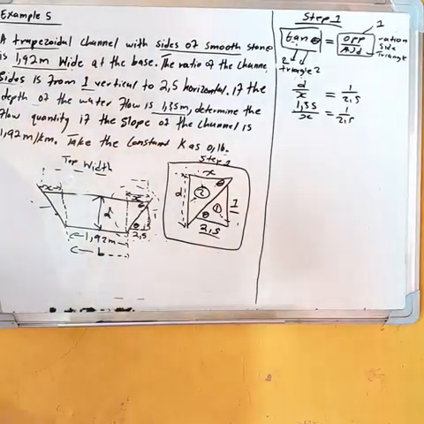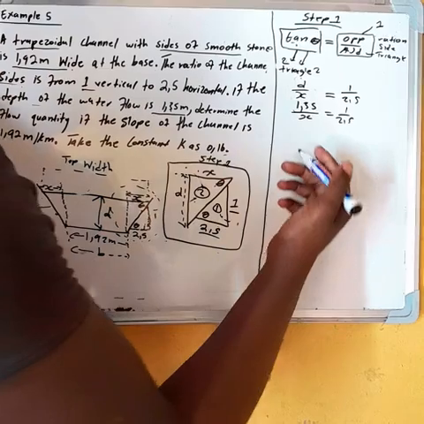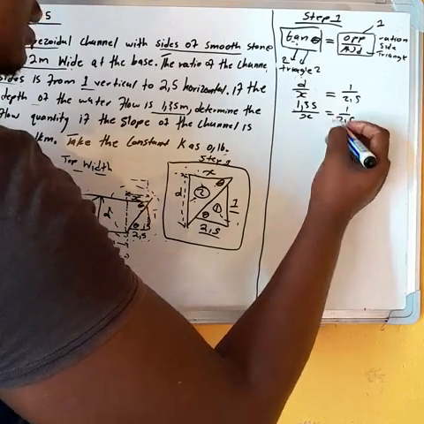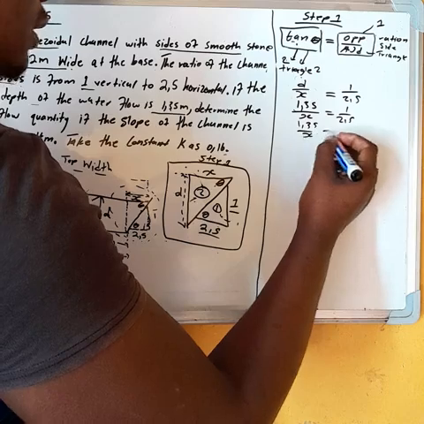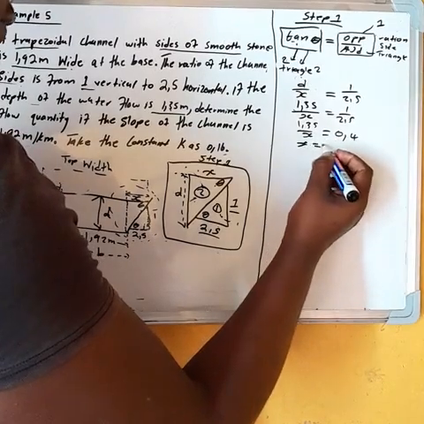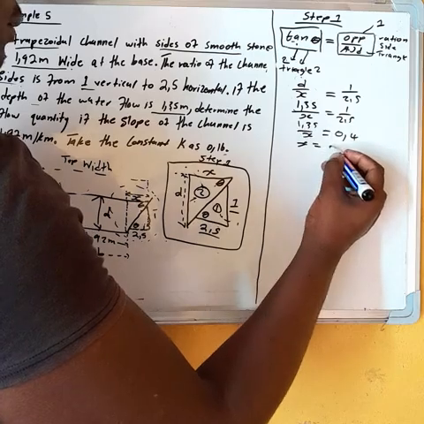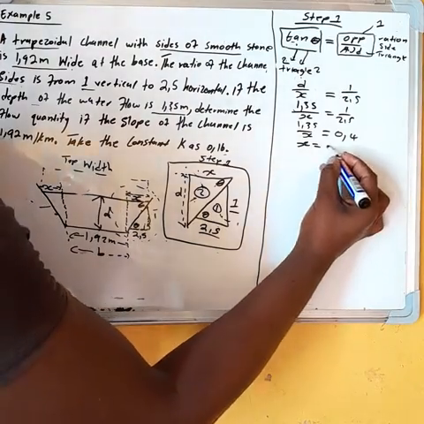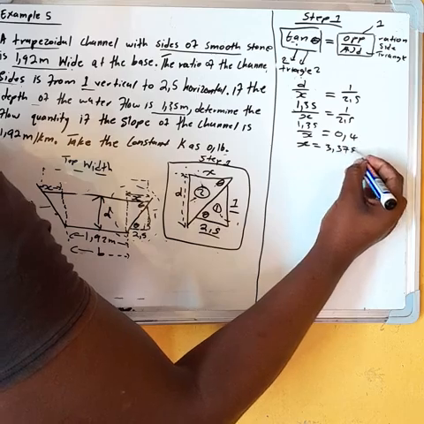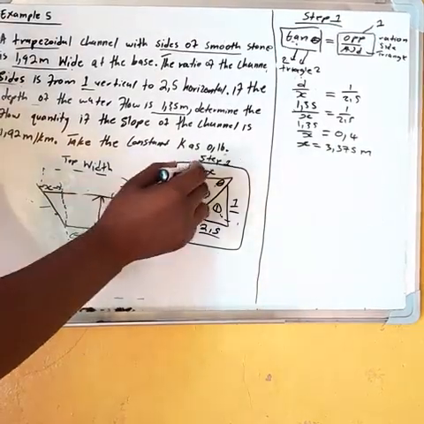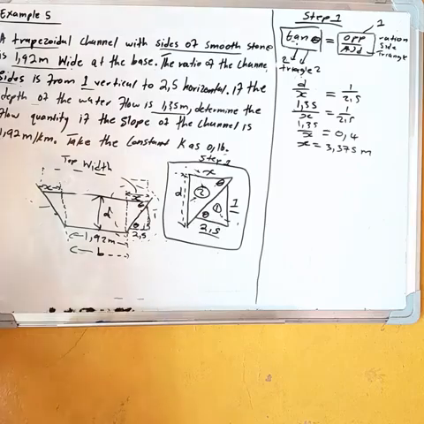Then you apply your maths here. You make x the subject of the formula. Then you'll find that x is equal to 3.375 meters. What is x? It is this x here. That was step 1.